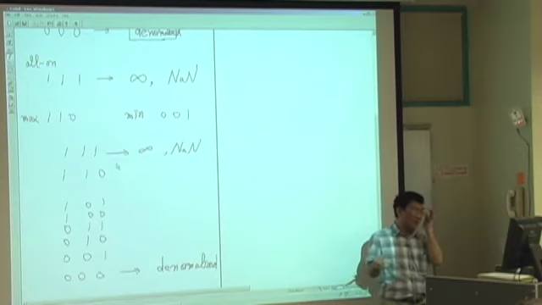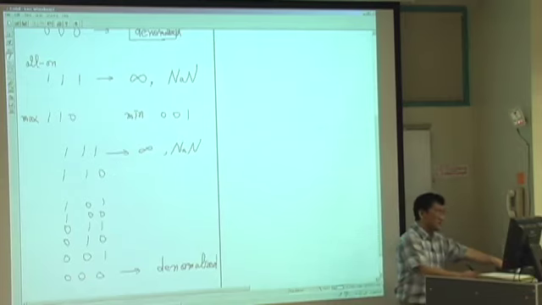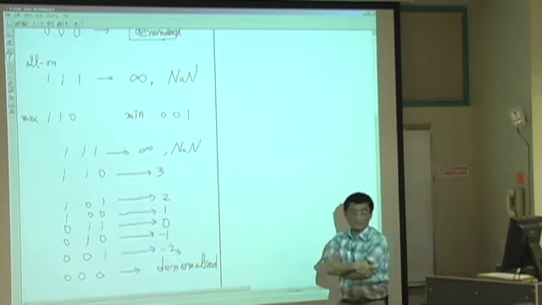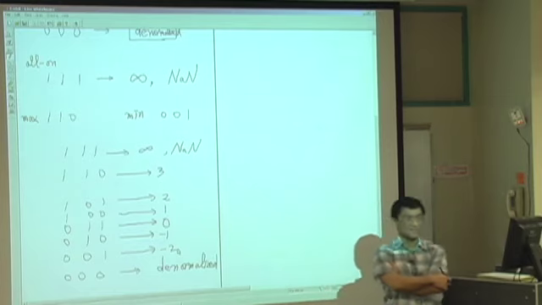I want to represent zeroth power using this number, and then first power using this number, and then second power using this number, and then third power using this number, and then negative first power using this number, and then negative second power using this number.